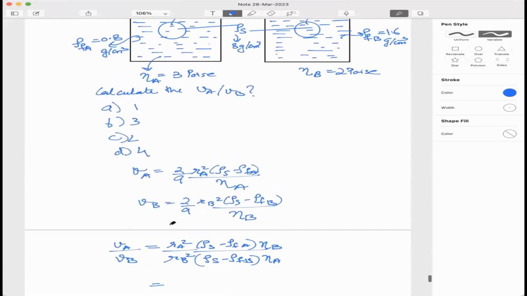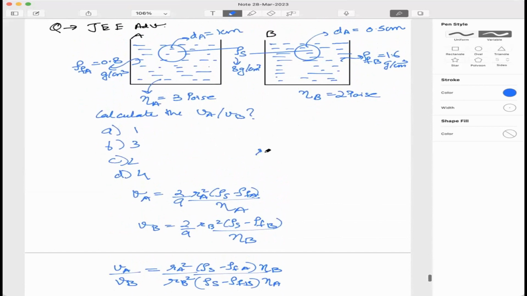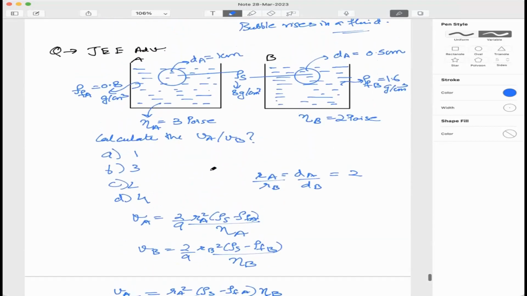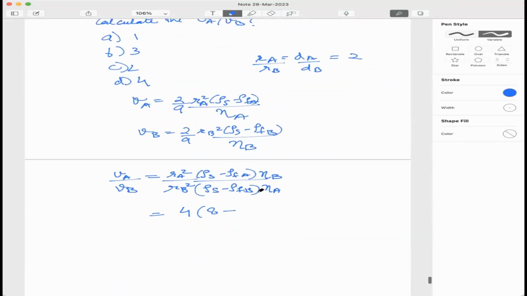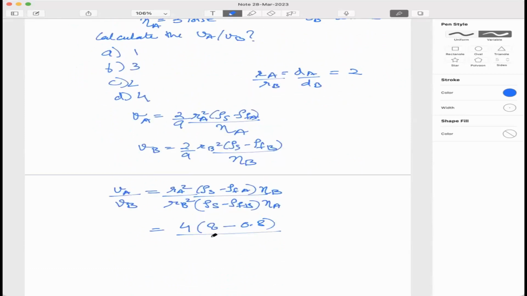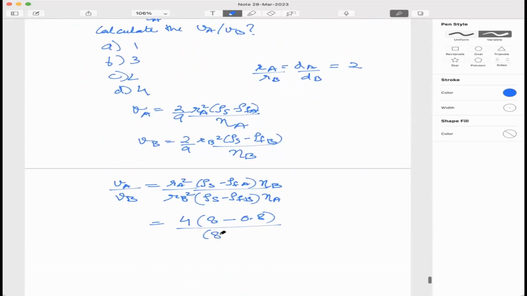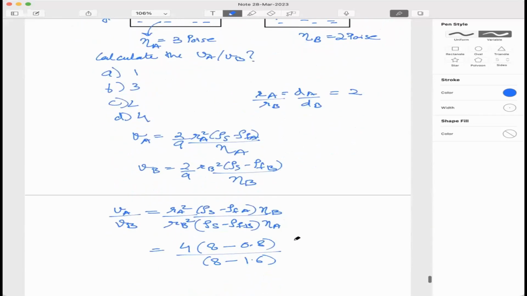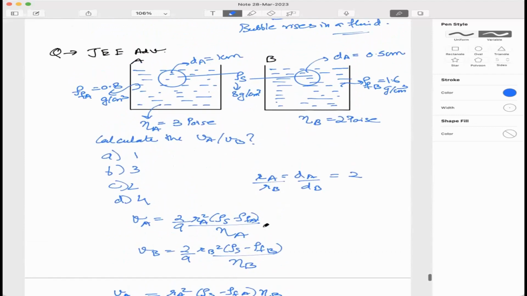RA by RB is nothing but dA by dB, that is 1 by 0.5, that is 2, so that is 4. Rho solid is the same for both, so that is 8 minus 0.8 divided by 8 minus 1.6, into eta B by eta A.